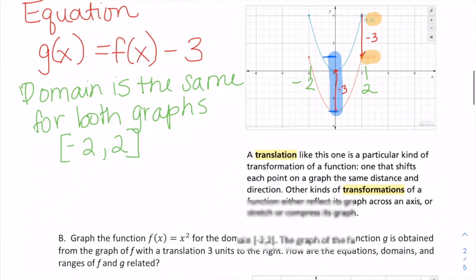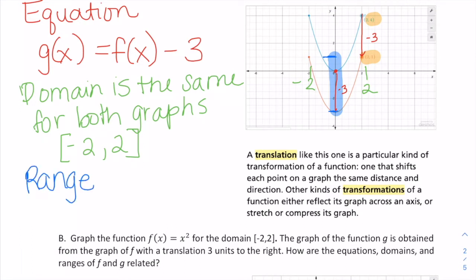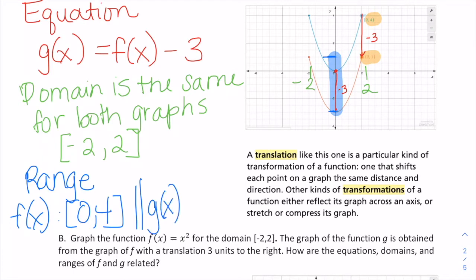So I'm going to write this out, okay? So the original f of x, the range was 0 to 4. And then for g of x, the transformation is going from -3 to 1. So you could see that the y's have a difference of 3.